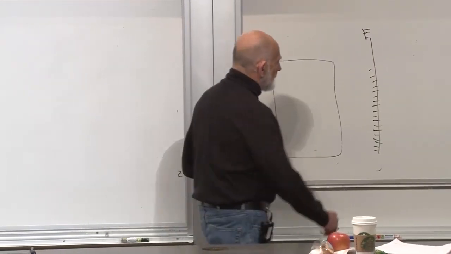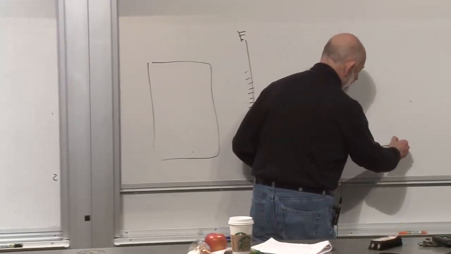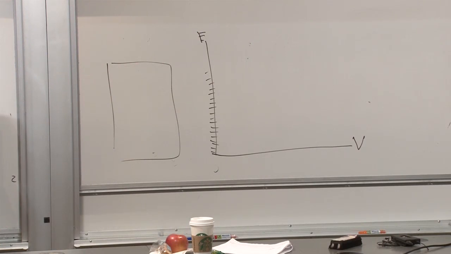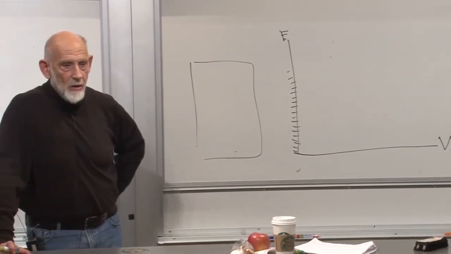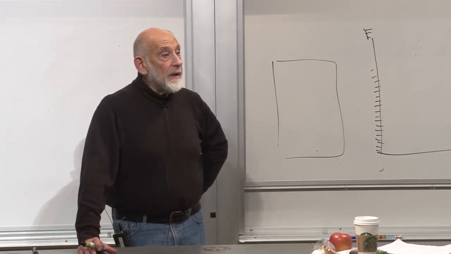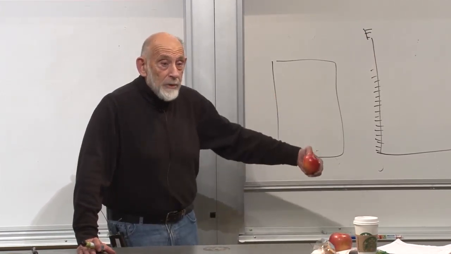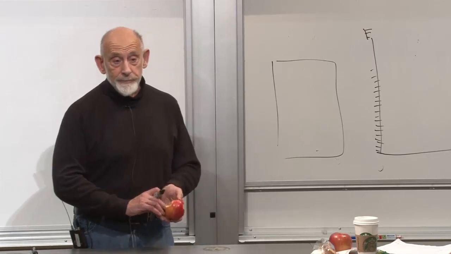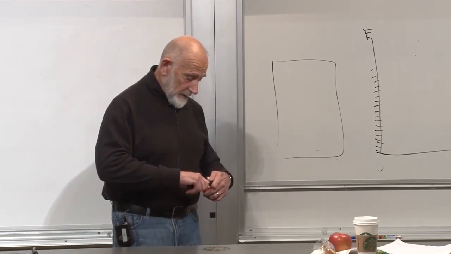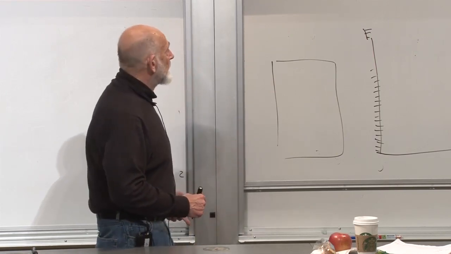Now we're going to change the volume, and what happens to the energy levels? Do they stay the same? No. Why should they? If you want to calculate the energy levels, you have to solve some problem, some Schrodinger equation, whatever. And the Schrodinger equation depends on the size of the box, and the energy levels change.